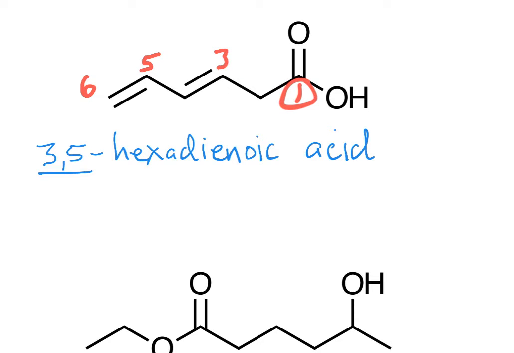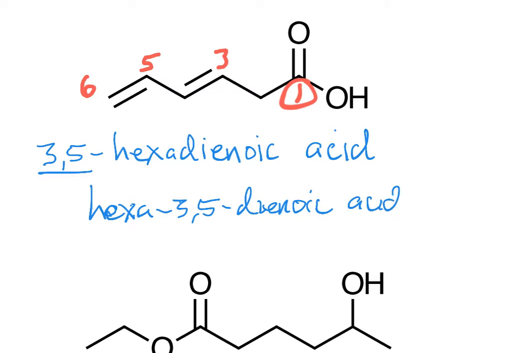Now the 3 and the 5, as hopefully you recall, we can insert in between the root name of the parent chain and the ending of the functional group. So I could also call this hexa-3,5-dienoic acid. So I can put that 3 and 5 right in the middle of the name, okay?